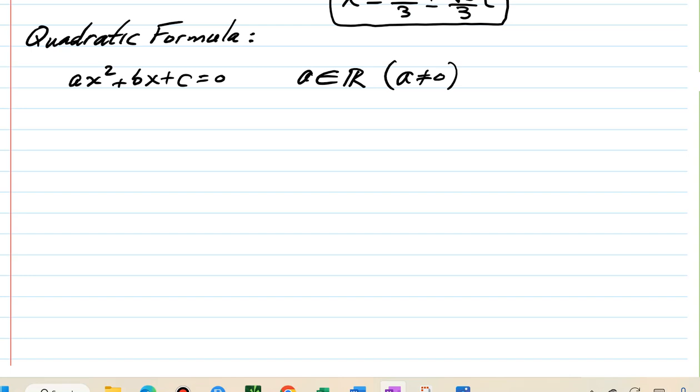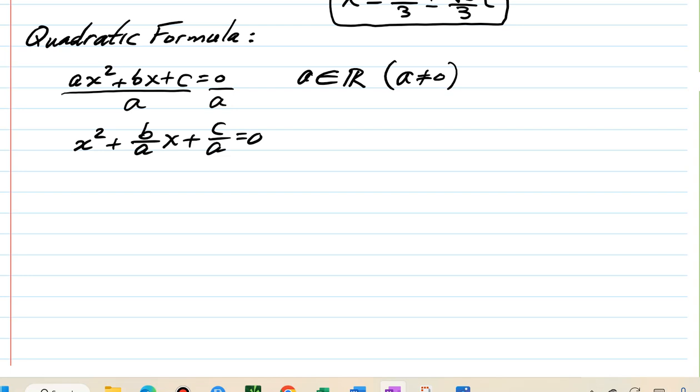So before we can apply the completing the square method, because that's what I want to do, I want to make sure the coefficient on x squared is 1. Therefore, I need to divide everything throughout on both sides by a. As we divide the left side by a, we're going to get x squared plus b over a x plus c over a equals 0.